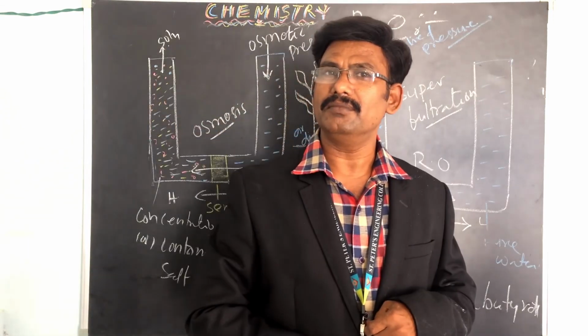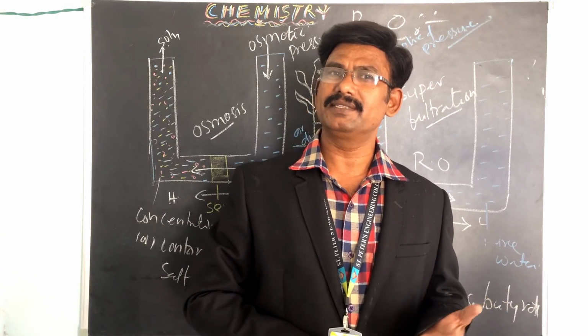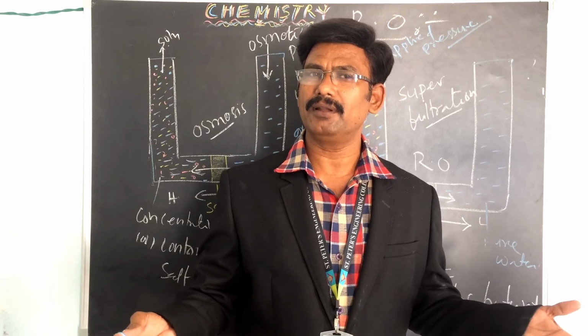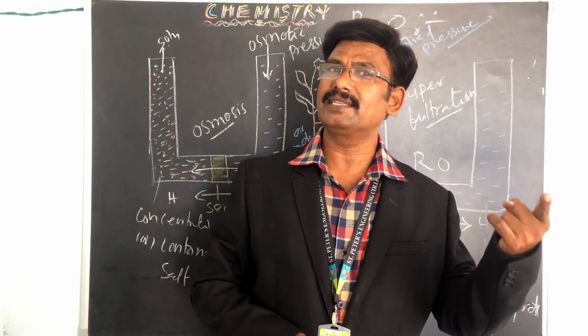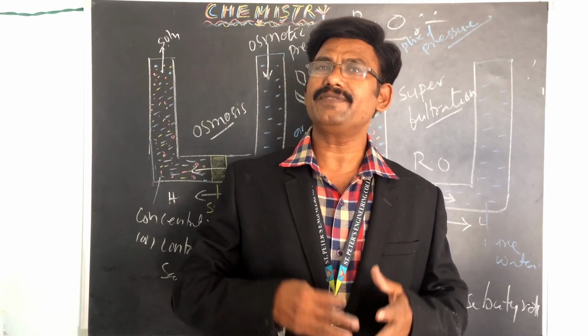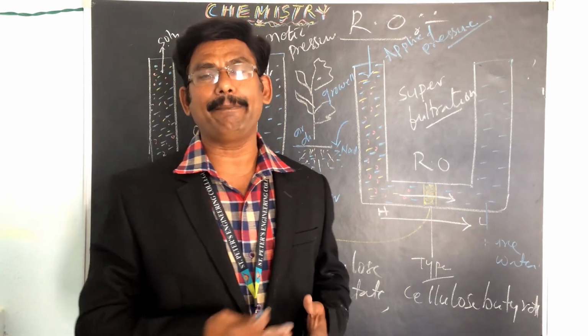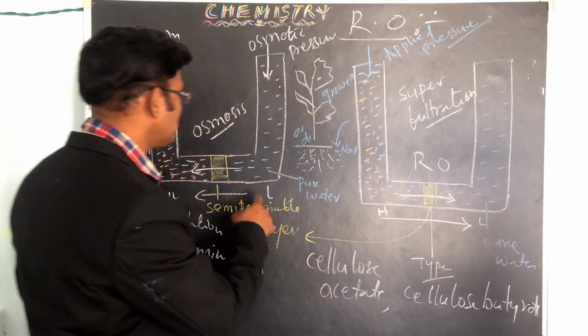And one more example. In our home, our mother prepared chutneys and pickles, mango, lemon. In that we use oils and a lot of salt. What happened there? Osmosis occurred.